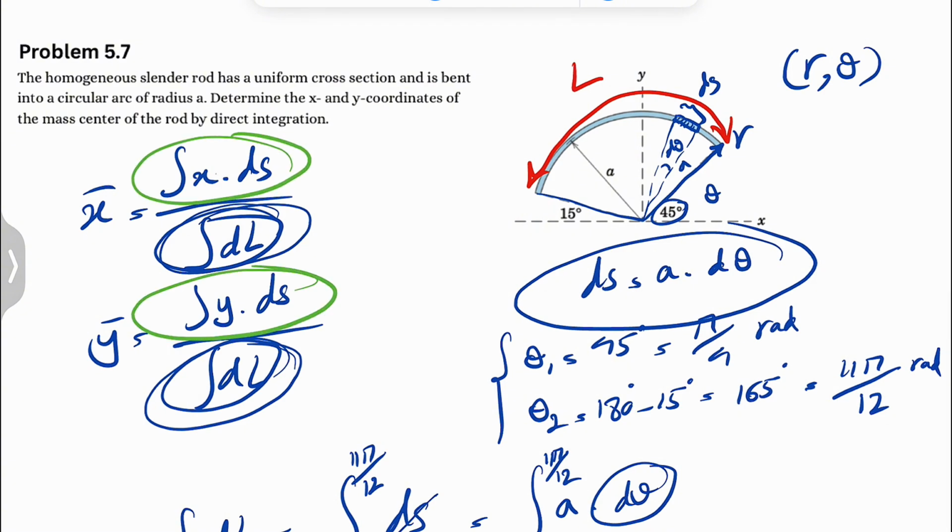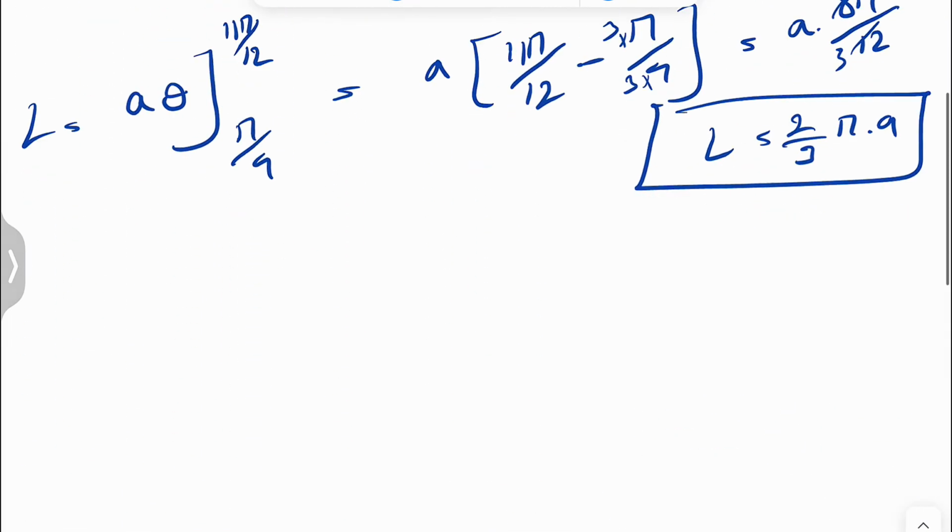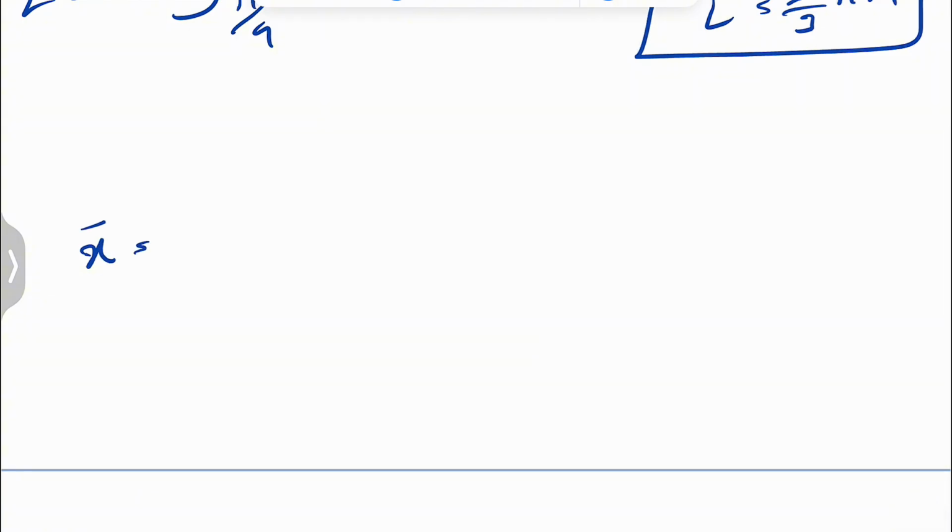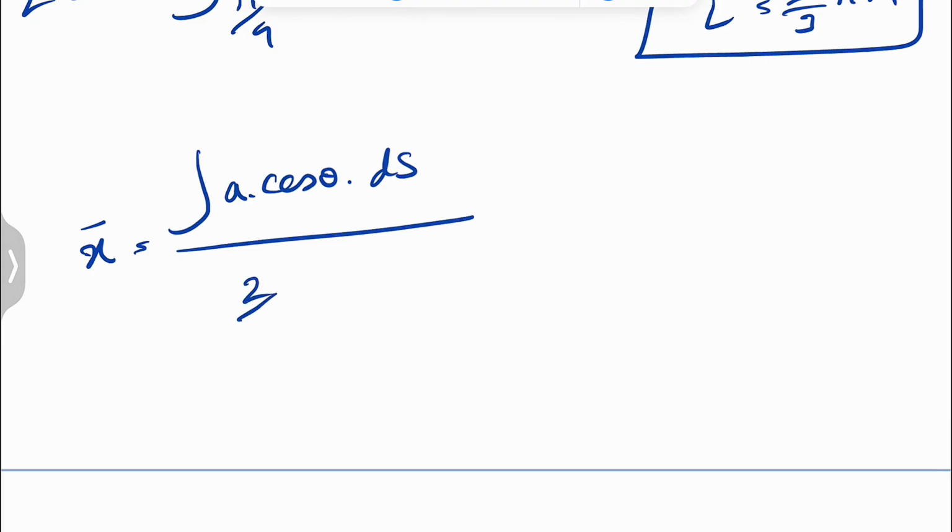So now we have to find the numerator for each of these two. Let's start with knowing that our x was a cosine of theta and y was a sine of theta. So we just plug those in, and our x bar would be the integral of a cosine of theta ds over our L, 2/3 of pi times a, and our limit is from theta 1 to theta 2.